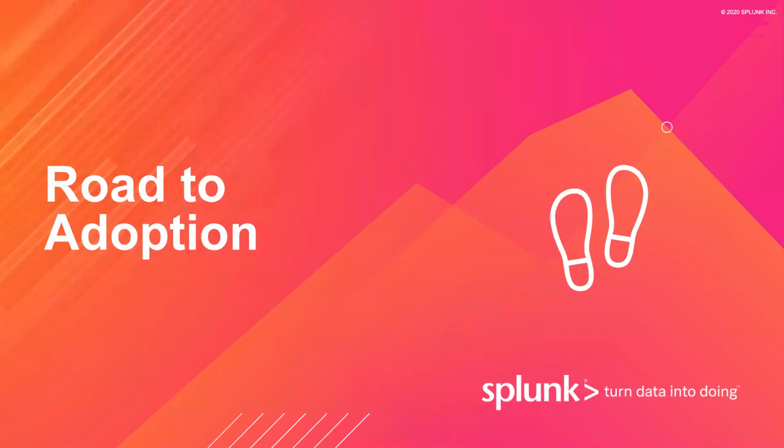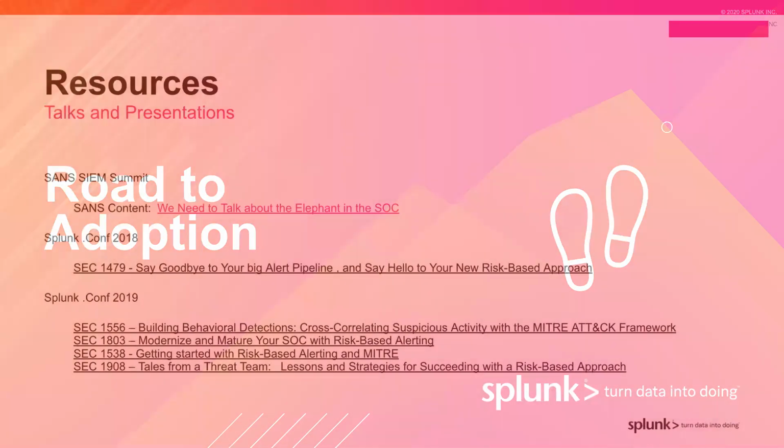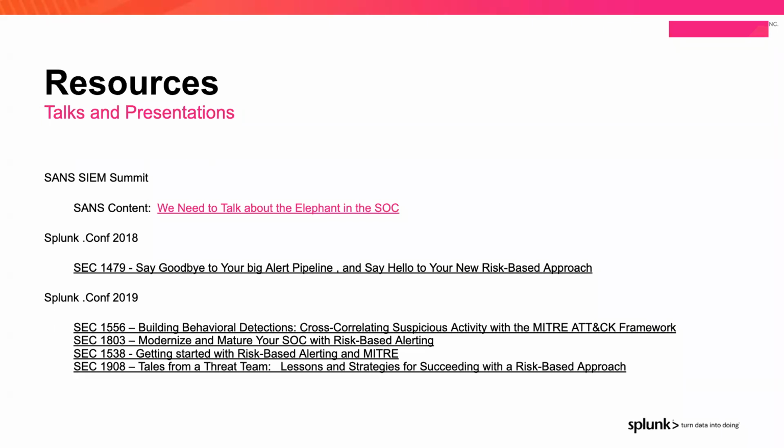So ultimately, if we want to adopt this new mentality of alerting, how do we get there? Well, you're not alone. There are plenty of resources out there, including some excellent .conf talks, as well as a SANS presentation by a Splunk architect by the name of Jim Apker at SANS.